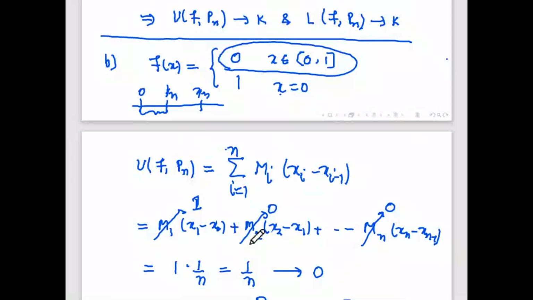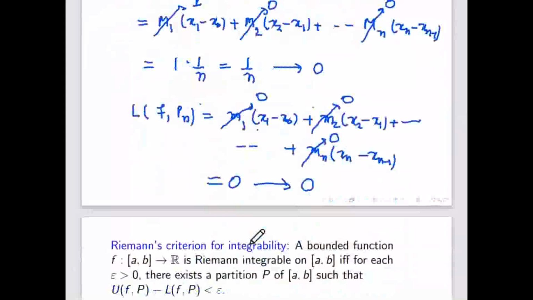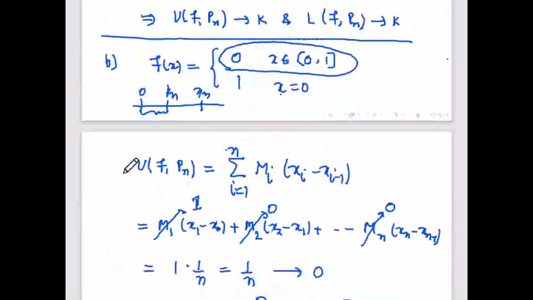Similarly here, because the function value is 0 in each remaining interval, except the first interval, the maximum will also be 0, and even the infimum will also be 0.